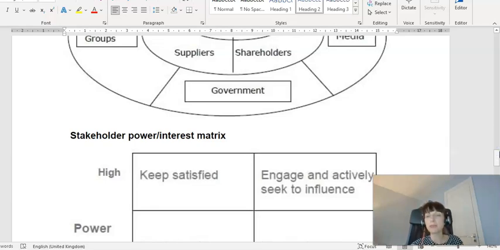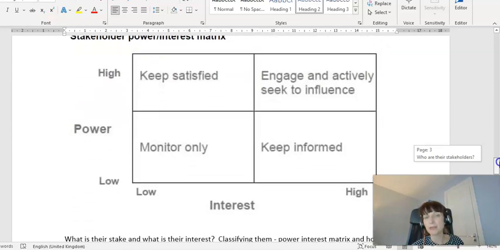But I don't want you explaining what these are. I want you applying them. With critical analysis, the challenge is that it changes over time, so any stakeholder mapping we do is an evolving process, and we should keep on doing it.